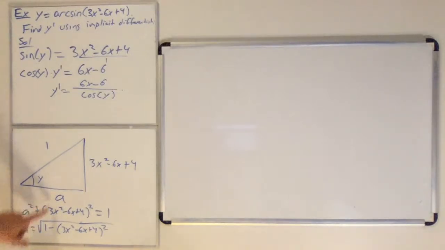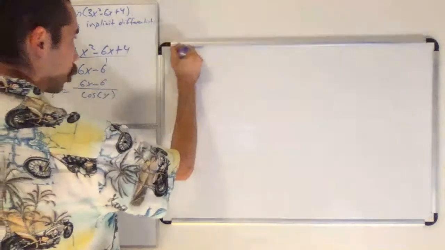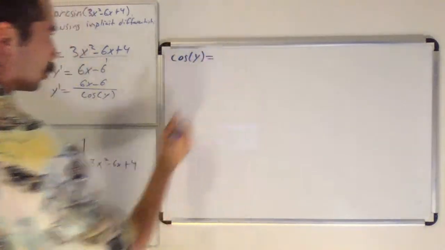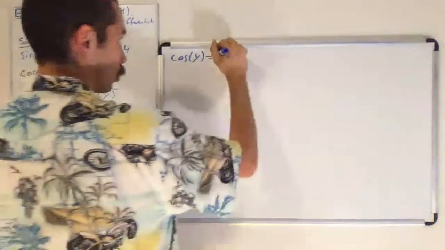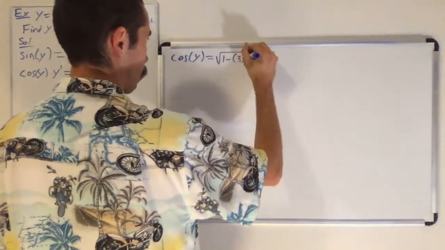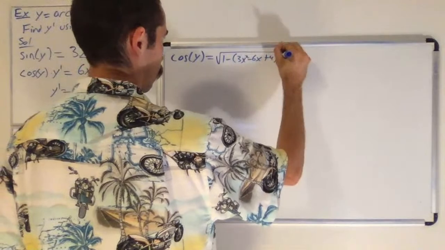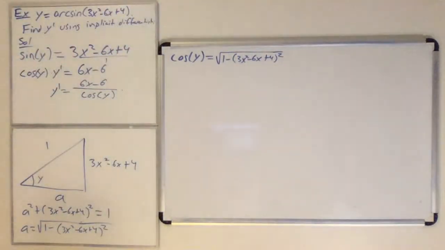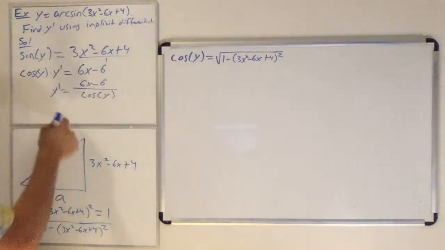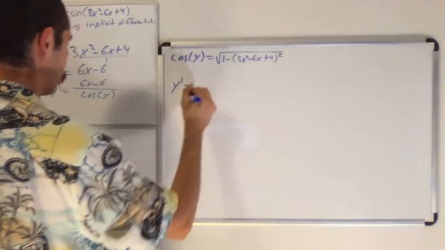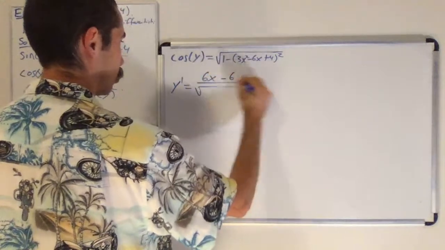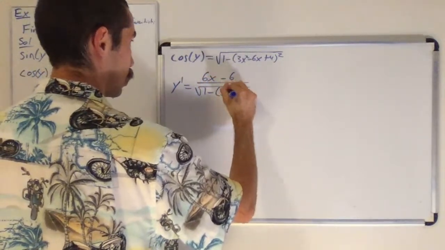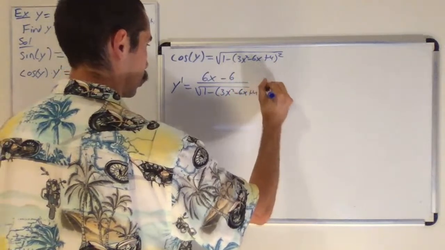Okay, so our adjacent is this. So cosine of y is adjacent over hypotenuse. And so now we could sub that into our equation for the derivative. So y prime is equal to (6x minus 6) over the square root of 1 minus (3x squared minus 6x plus 4) squared.